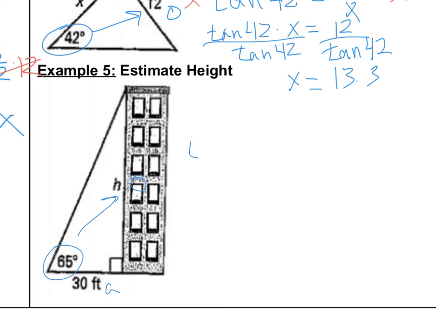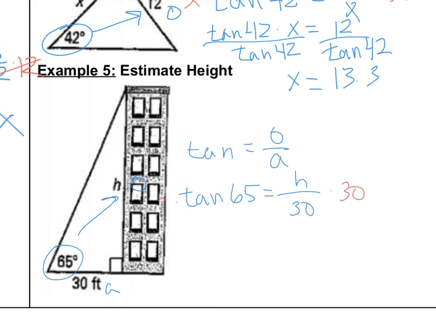And if it helps, you write this every time: tangent equals O over A. So in this case, tangent of 65 degrees equals H over 30. Now to solve for H, that's H divided by 30, so that's why we multiply by 30. And those cancel. So now I'm going to take 30 times the tangent of 65, and that's going to give me the height of this building.